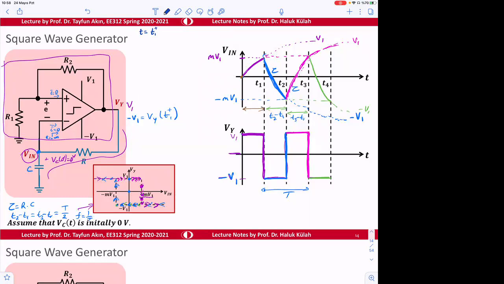So at this time, we know that Vc of T1 plus is equal to MV1. And then Vc at infinity, the target is to make it what? Minus V1.